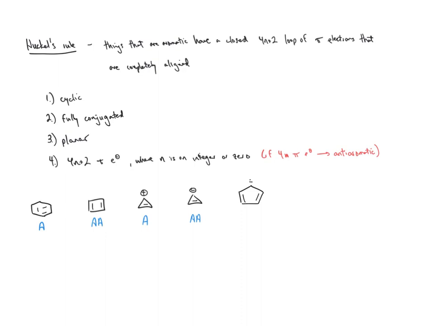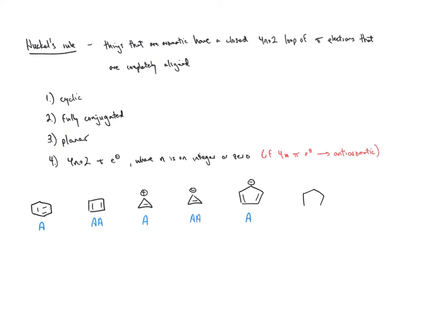Okay, this system here, the cyclopentadienyl anion, is going to be aromatic. Right? You've got the 4 pi electrons from the double bonds, plus 2 pi electrons from the lone pair, the negative charge. So that's a total of 6 pi electrons. It's completely cyclic, it's fully conjugated, it's planar, and so it is indeed aromatic.